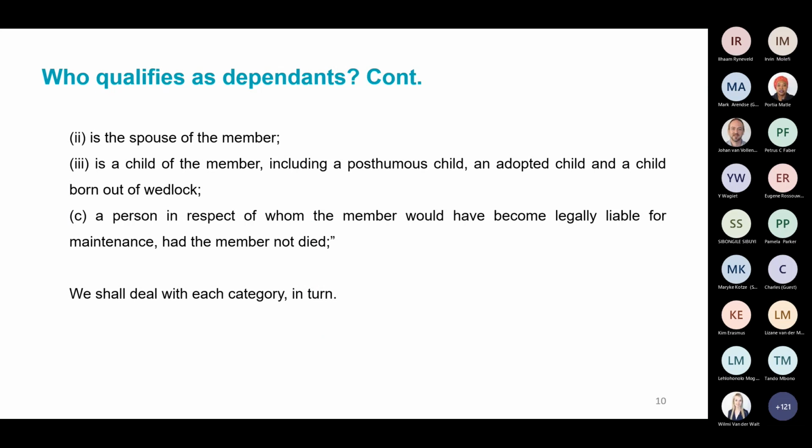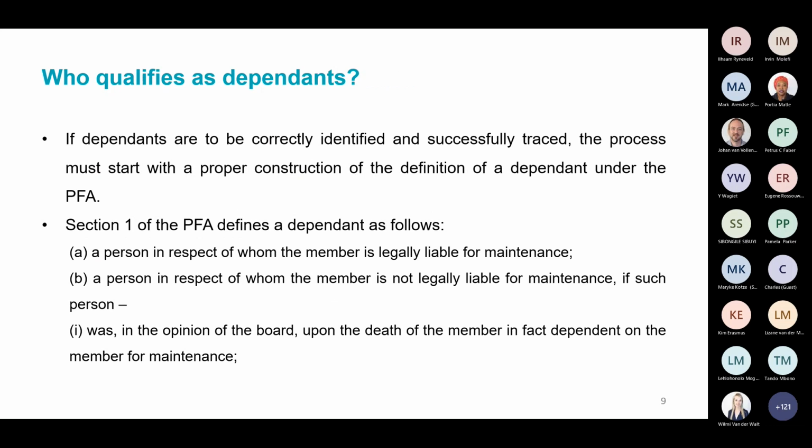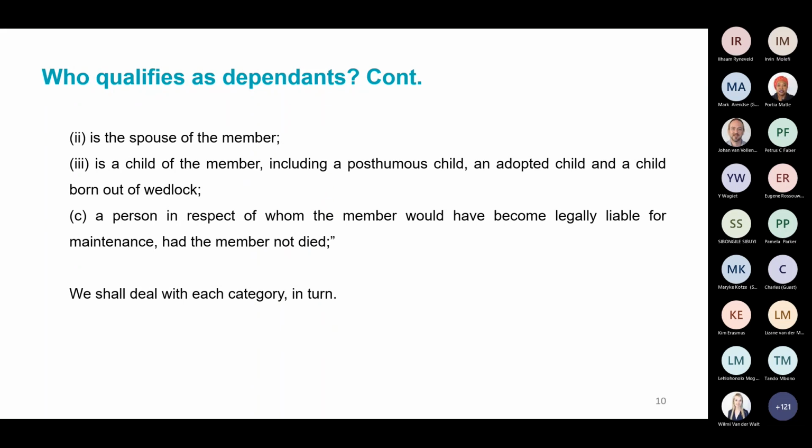And I'll pause here too, because you may see that there is an overlap with your legal dependents as the paragraph A dependents and your paragraph B2 dependents, because spouse, as you may know, is defined as a spouse in terms of the Marriage Act, the Recognition of Customary Marriages Act, the Civil Union Act, and the tenets of a religion, as well as cohabitees in the Pension Funds Act.